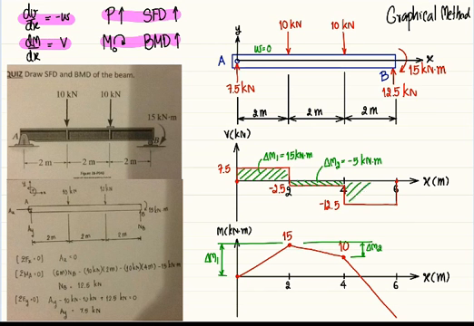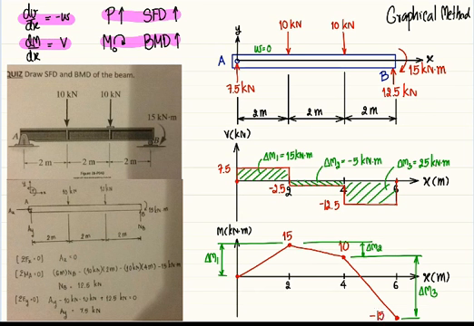So this delta M3 can be found to be 25 kilonewton meters. So the value is dropped by 25. It's dropped from 10, or delta M3 is this value. And so the M value here is 10 minus 25, so it's minus 15.